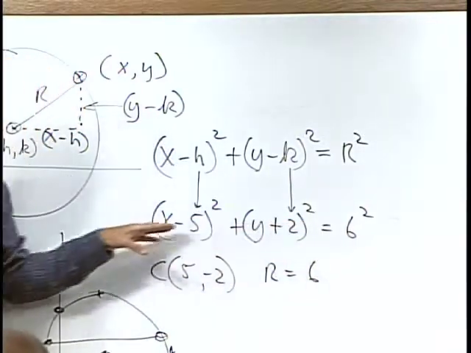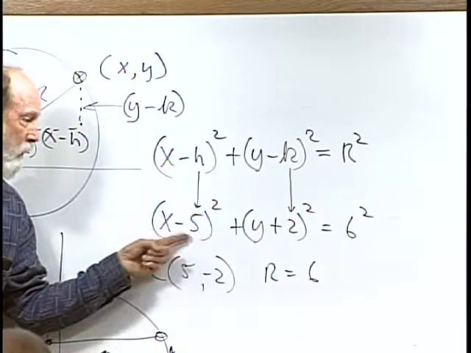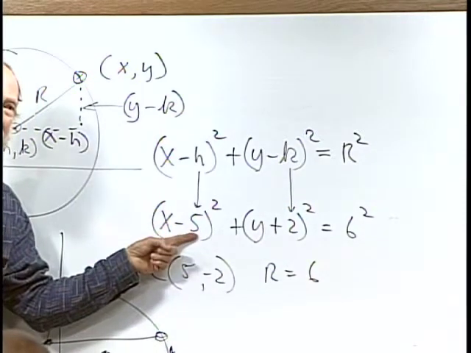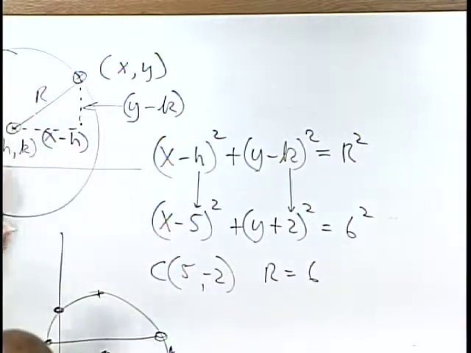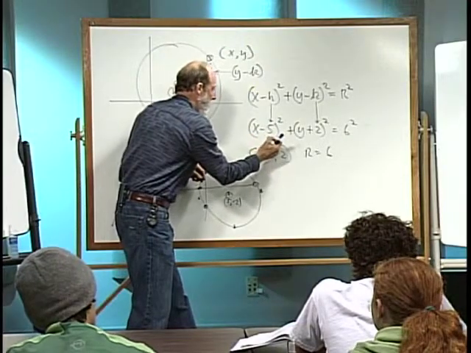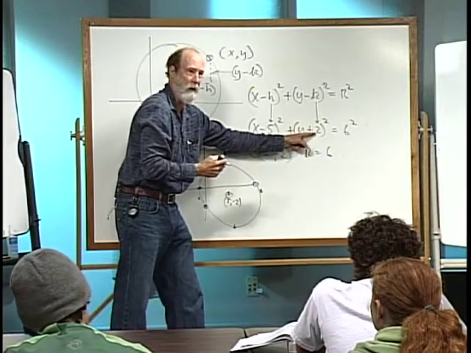When you see this structure, be very careful to realize that this is a shift to the right of 5. Instead of the circle being centered at the origin with radius 6, it's been shifted 5 to the right, and it's been shifted not up, but down.